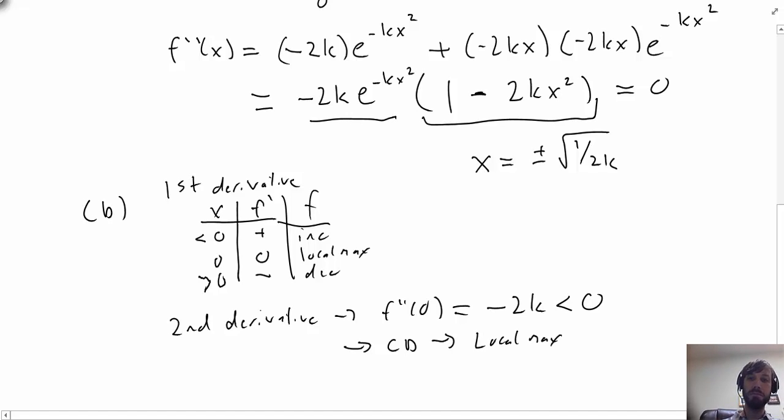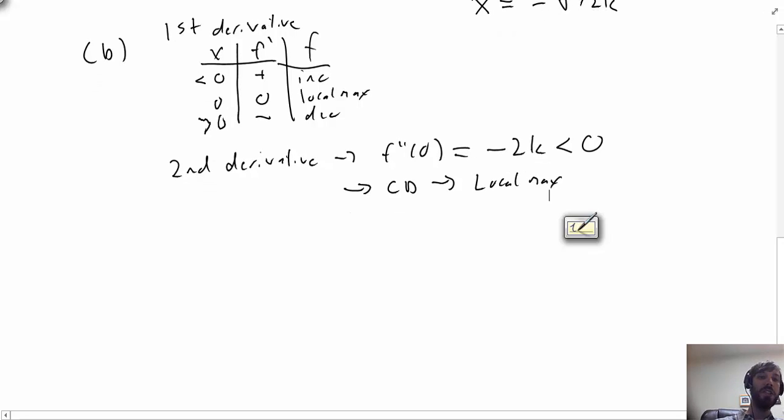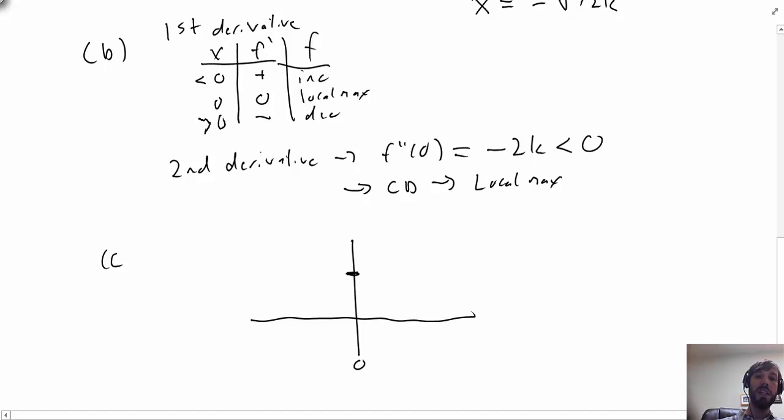Finally, let's sketch a brief graph to summarize the information we have here. We've said that this function has a max at x equal to 0, and if you actually plug 0 into the function, it has a max at 1. It has inflection points at 1 over root 2k and negative 1 over root 2k. So I know it's going to switch concavity at those points.